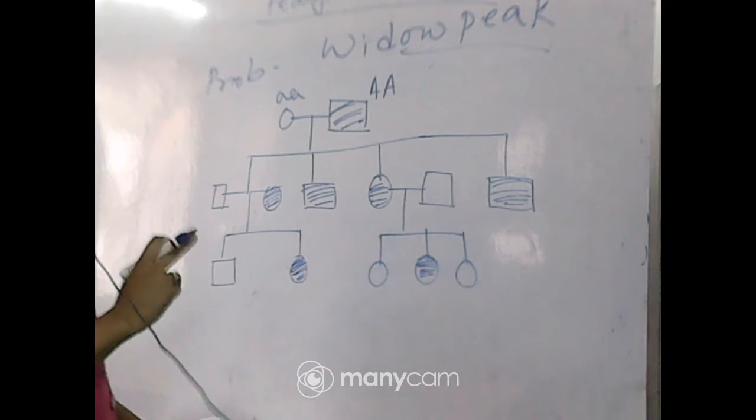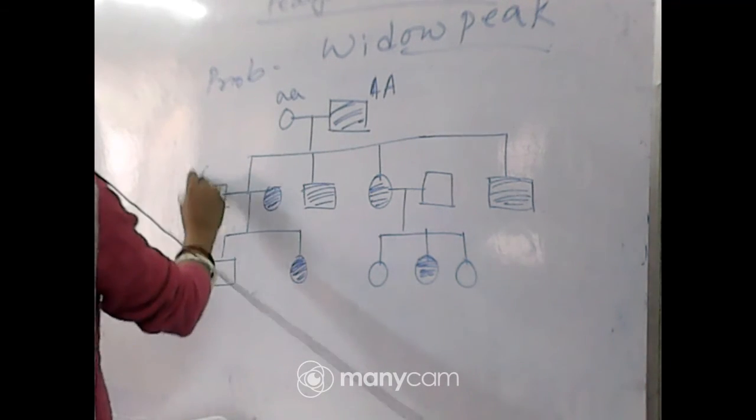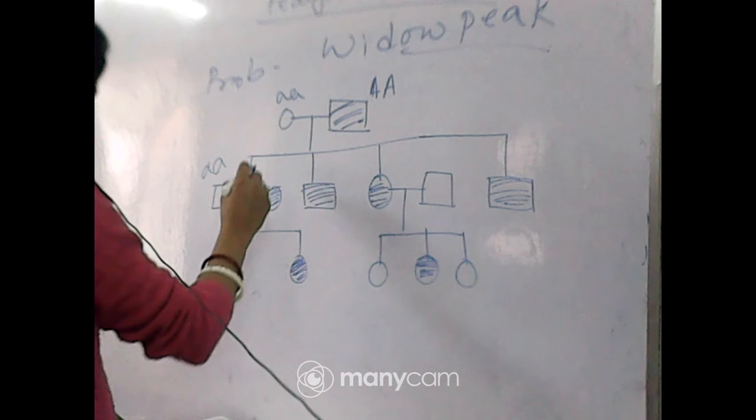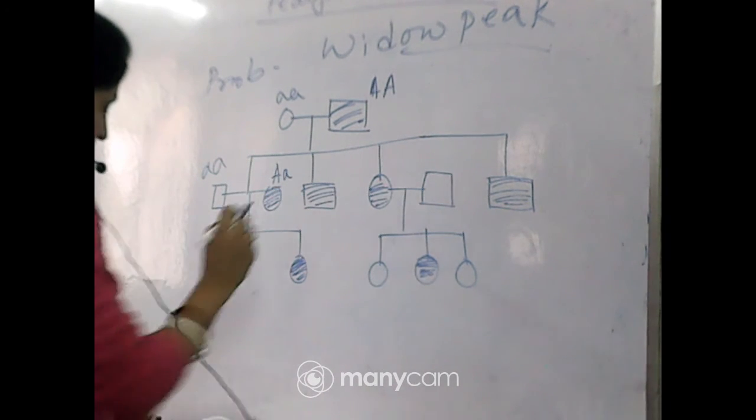Because only widow peak is the dominant trait here, obviously that is dominant. Next one: recessive means unaffected, and affected means either heterozygous or homozygous, but both are dominant.